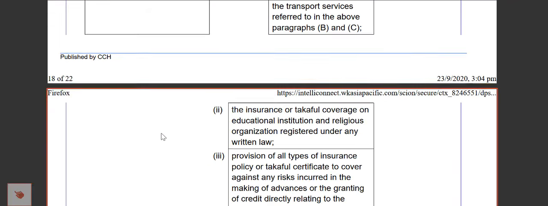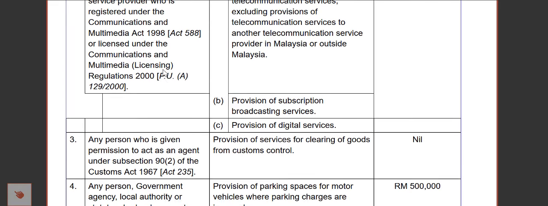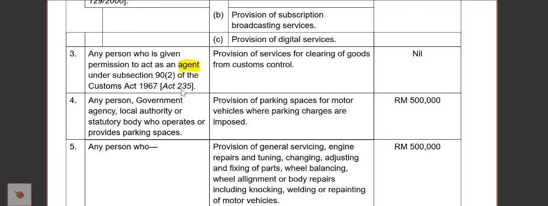Okay, now besides insurance company, telco, like your DiGi, Maxis, that kind of company, Unifi, you will be a taxable person. Okay, now if you are a forwarder, an agent here is actually a forwarder. That means those people that provide services to clear goods from customs.